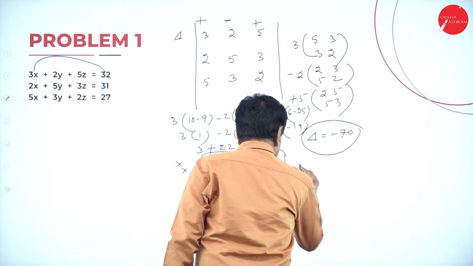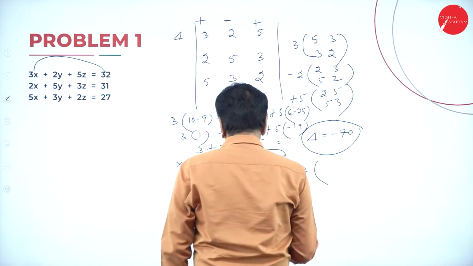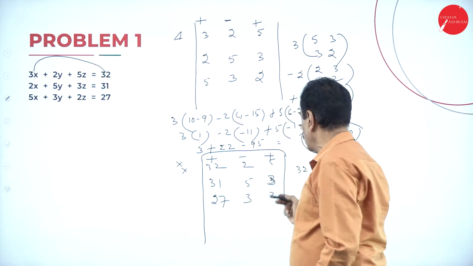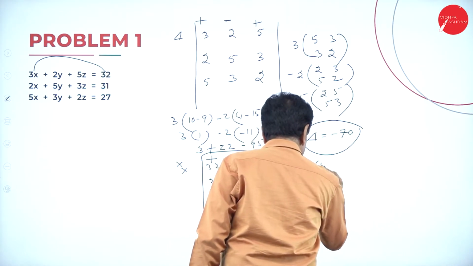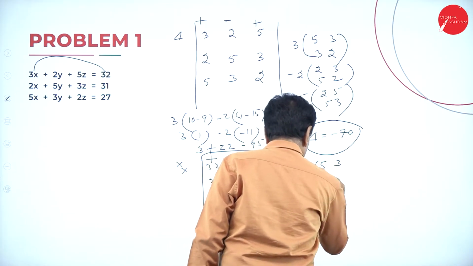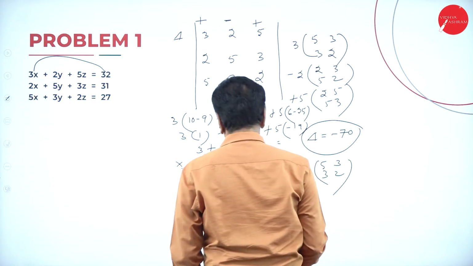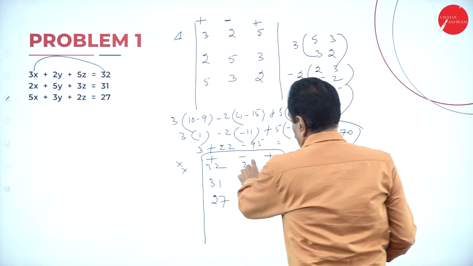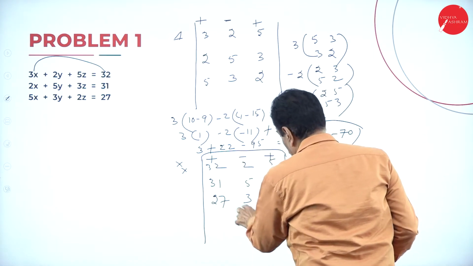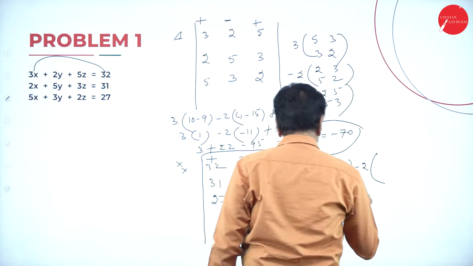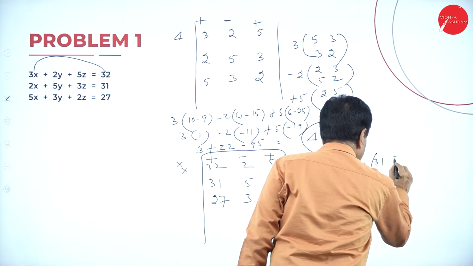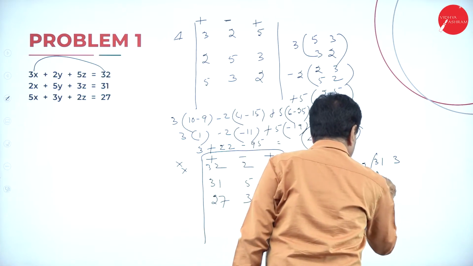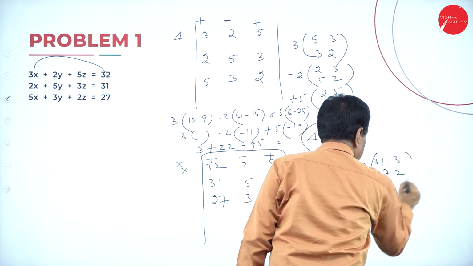This is plus 32. When you write 32 here, this row goes and this column goes. What is left over? 5, 3, 3, 2. Next you have minus 2. This row gone, this column gone. What is left over? 31, 3, 27, 2.